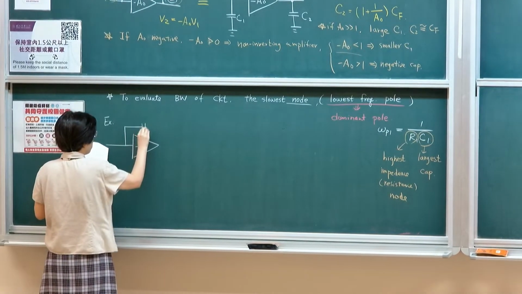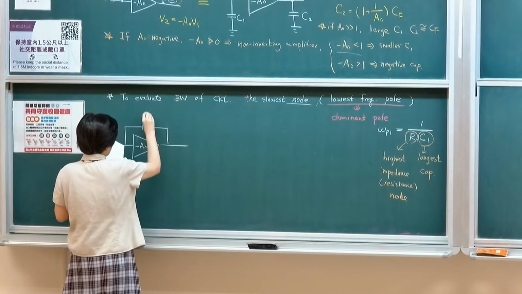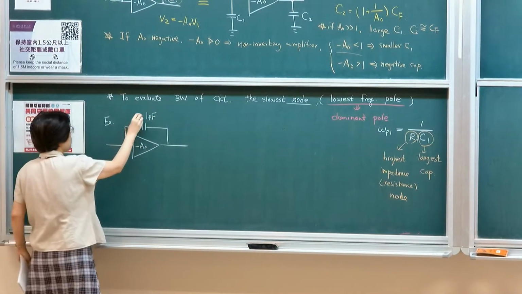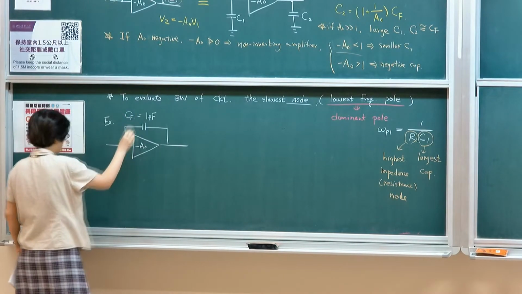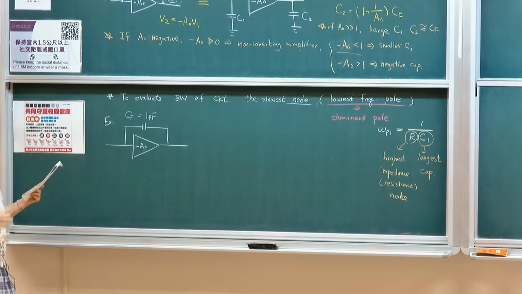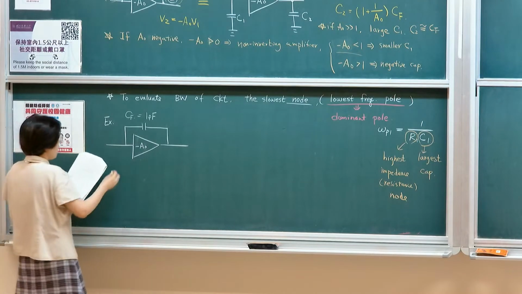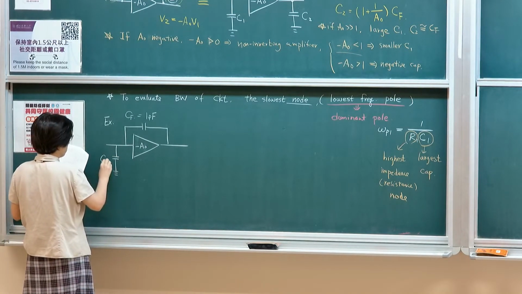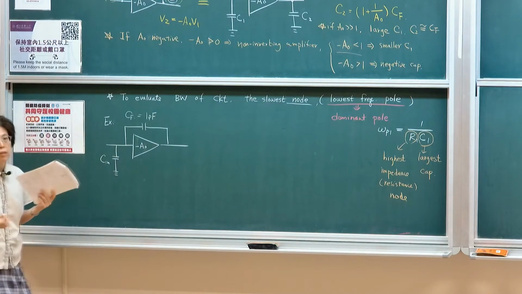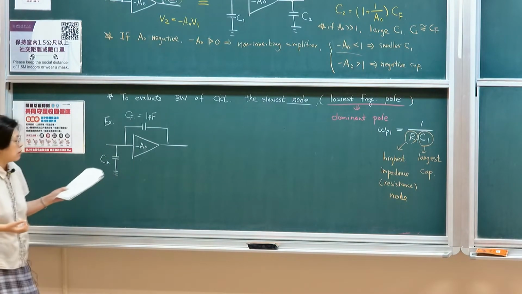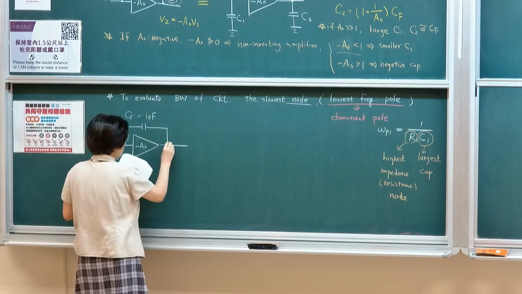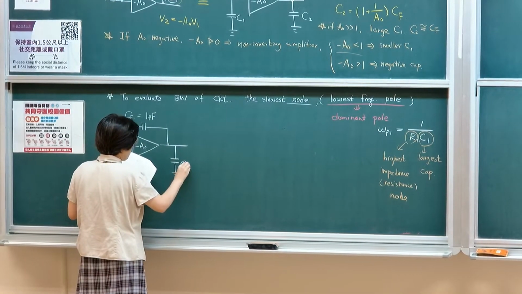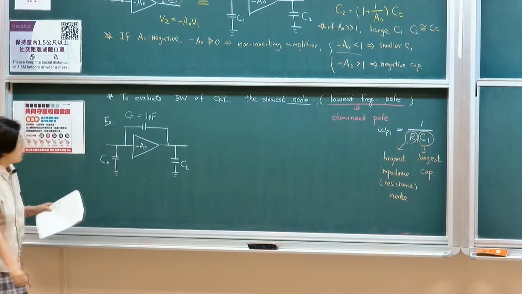Let's say I have a 1 picofarad CF, a feed-forward capacitance, and my input terminal already has some input capacitance Cin, and the output terminal may also experience some loading capacitance.